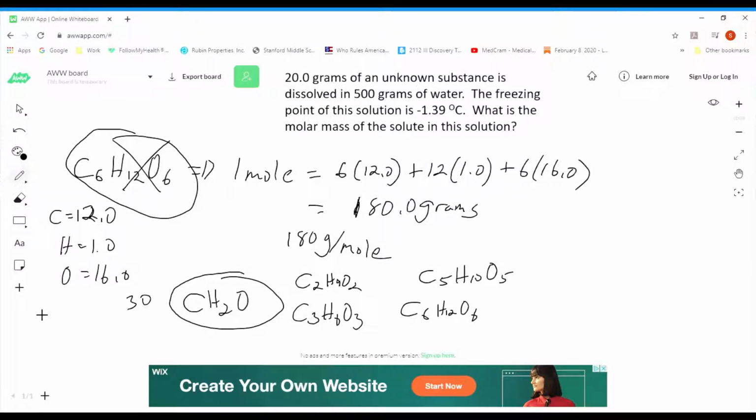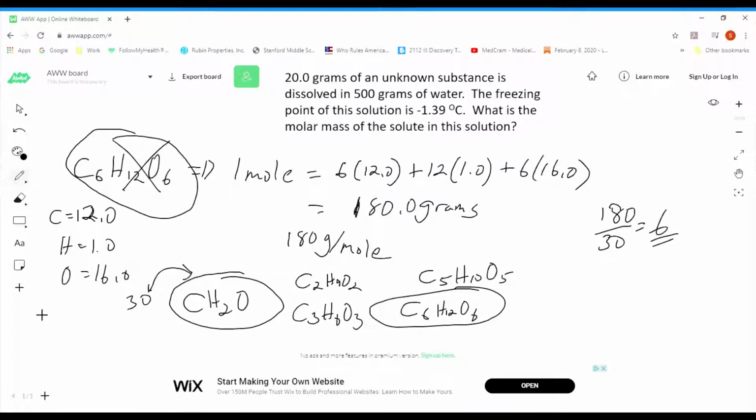If you were told the molar mass was 180, you divided it by the mass of the empirical formula, the 30. So 180 divided by 30 gave you 6, and you multiplied that number by the subscripts to get this formula. These are all things we've done already. I haven't gone over anything new; this is just going back over it.